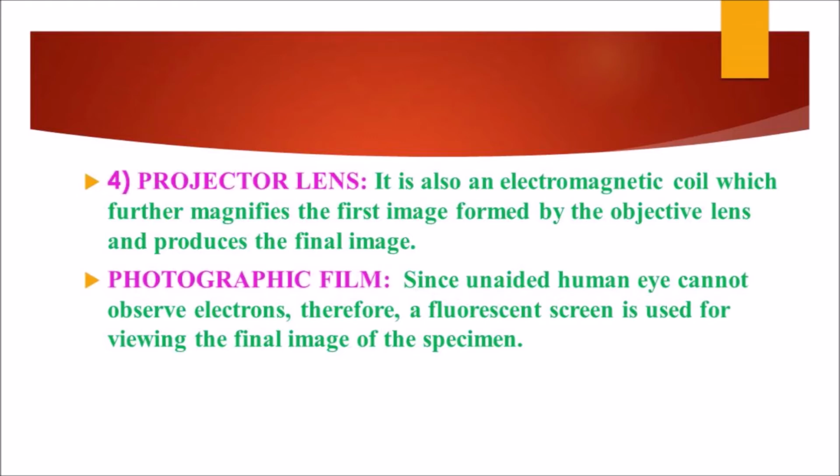It is also an electromagnetic coil which further magnifies the first image formed by the objective lens and produces the final image. The last part is the photographic film. Since the unaided human eye cannot observe electrons, a fluorescent screen is used for viewing the final image of the specimen.